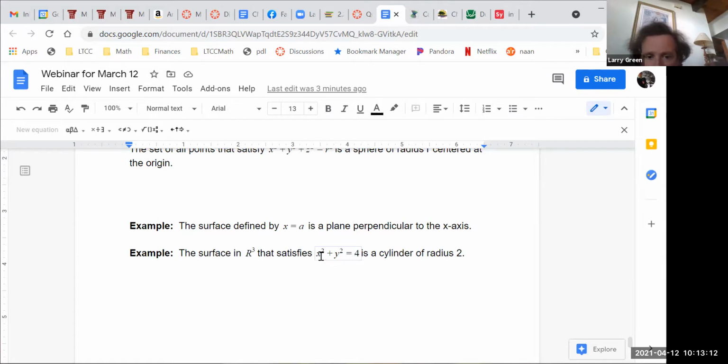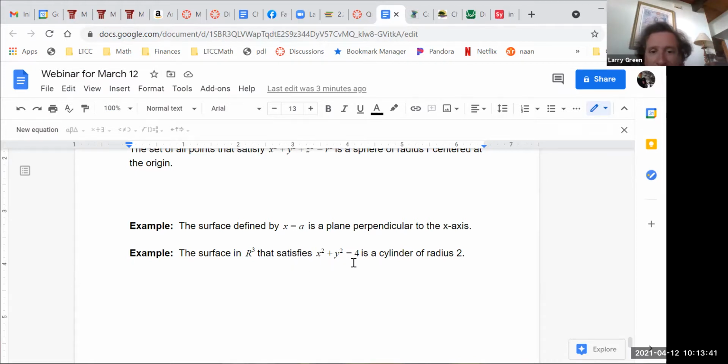Now what about x squared plus y squared is 4? If you're not told anything about it, you would look at it and think it's a circle. Do you agree? But if we're told this is in R3 now, then it's not a circle, it's a cylinder. That circle works no matter what z is, because z is not even part of this equation.